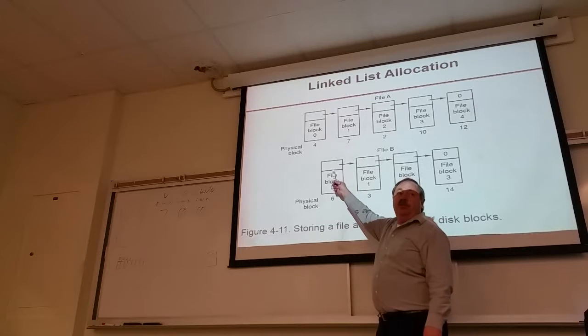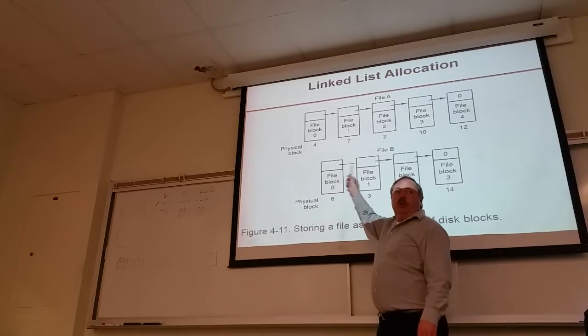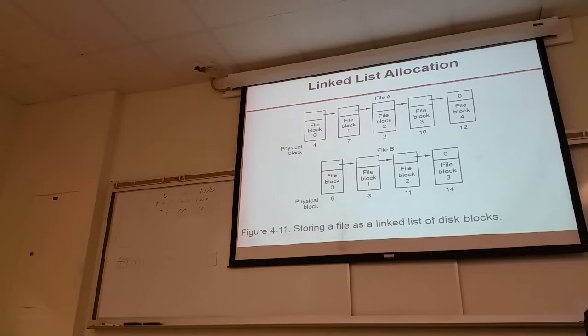In this case, the addressing scheme is that last or first is going to contain a pointer to the next. So I don't care where the next one is, it's going to be there. So no holes, right? We fixed that problem.